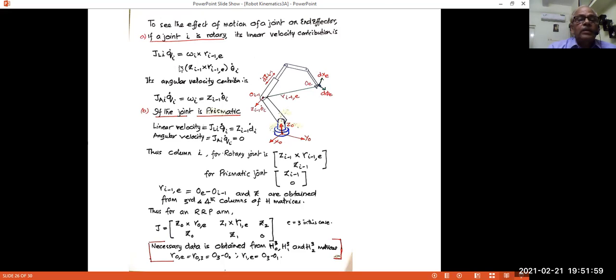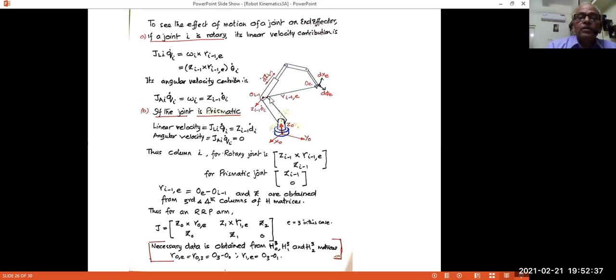Then the linear component, J_Li times q_i dot, will be omega cross r, vectorially. That is the linear velocity at this point due to an angular velocity at this joint, omega cross r, and that r happens to be this vector minus this vector. So that is O_end minus O_(i-1).